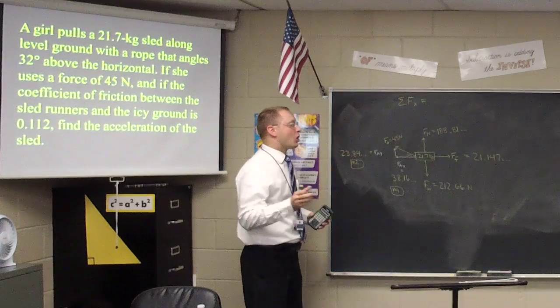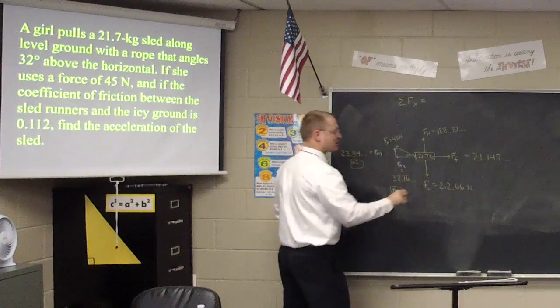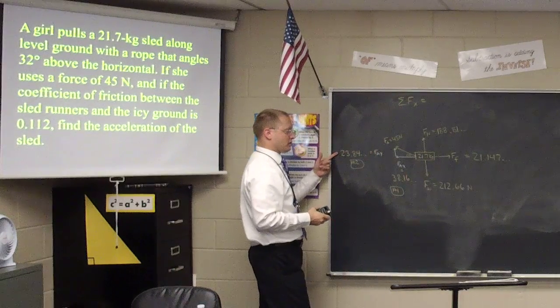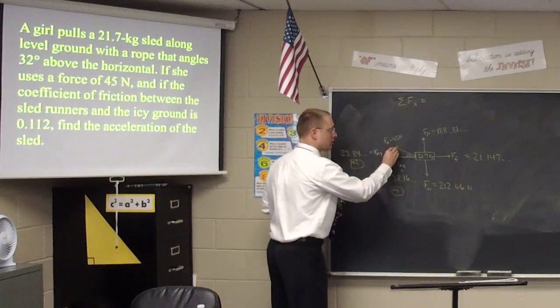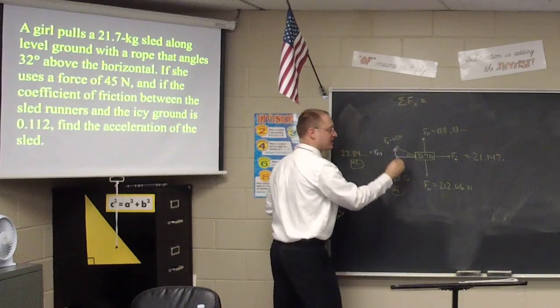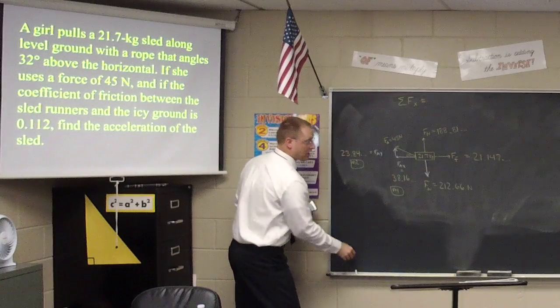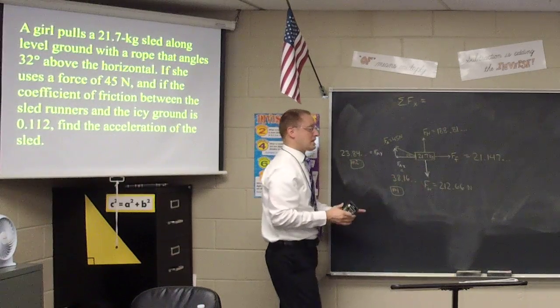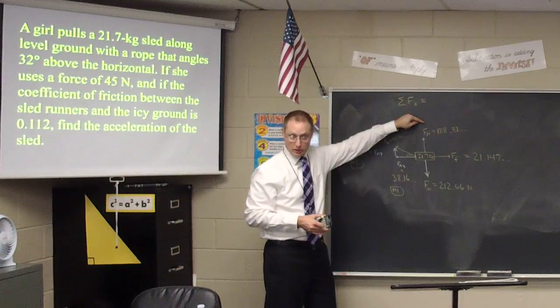All right. So then, what we should do is take whatever your weight was, and class, do we add or subtract this weight, this force in the y? This force right here. Does it add to the weight, or does it subtract from the weight? Subtract. It subtracts from the weight because they're in opposite directions. So the equilibrant only needs to be 188.81 of normal force.